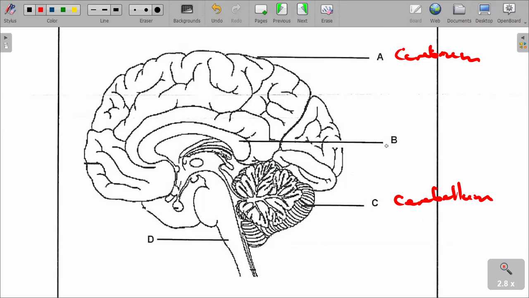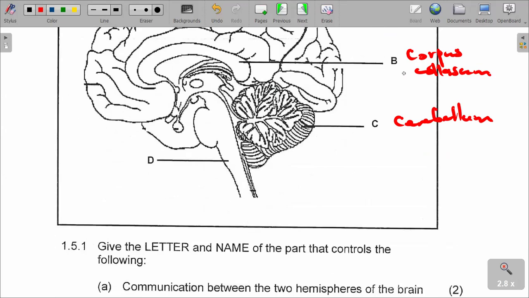We have just come from doing the cerebellum. We have the corpus callosum, which divides the brain into two hemispheres. And then we have our medulla oblongata. These are always given.